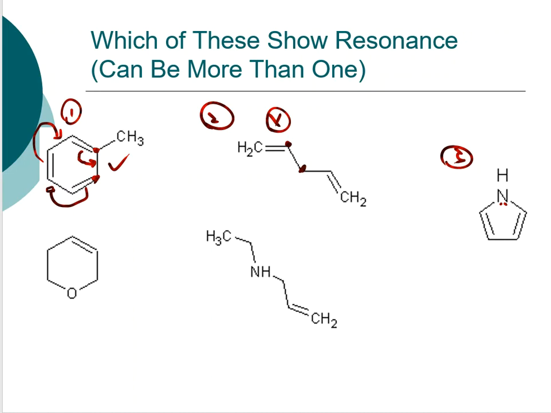Because look, we have a double bond. That carbon is involved in the double bond, and next door to it is a carbon that's also involved in another double bond. So a double bond is near a double bond. Pi moves to pi, so rule number 2 is satisfied. So ding ding, yes, number 3 shows delocalization. But more so than that, folks, it also goes up into the nitrogen as well.